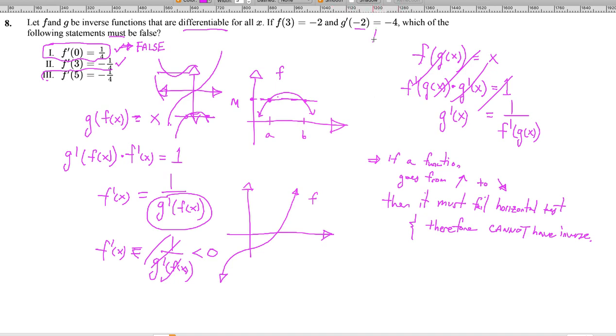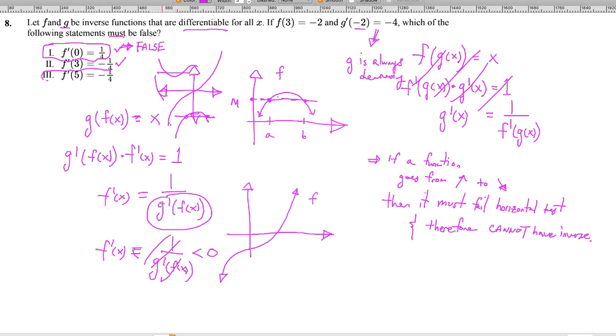So this statement, together with the fact that g has an inverse, means that g is always decreasing. And since g is always decreasing, its derivative is always negative.